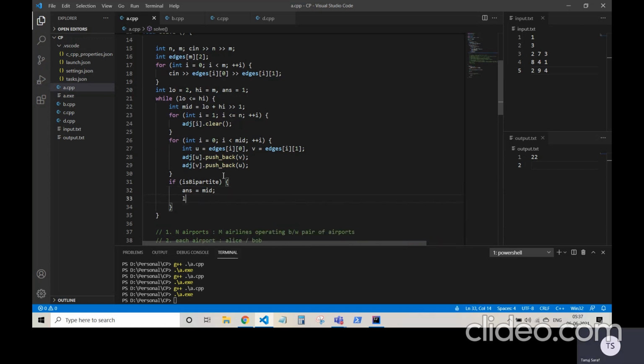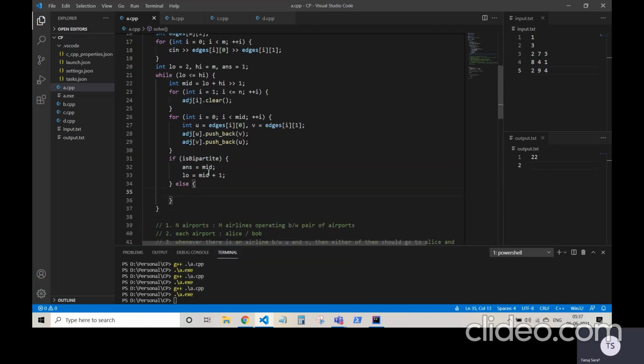So we update our answer, and then we update our search space saying that okay, these many edges can be added. So now let's try to add more edges to check if it is possible. Otherwise, if it is not bipartite, then these many edges cannot be added and we try to reduce our search space. And finally, we would output the answer.